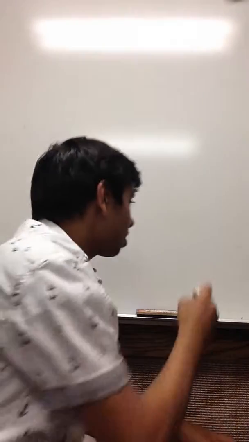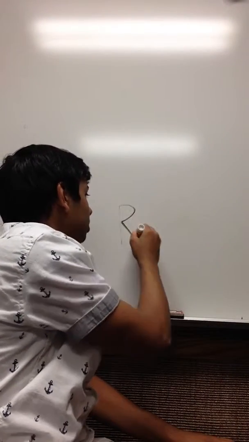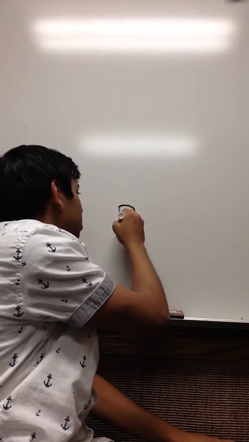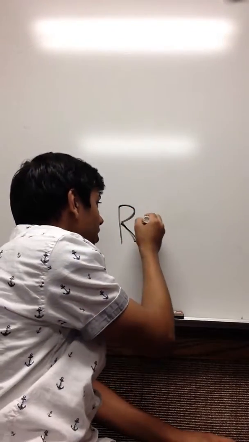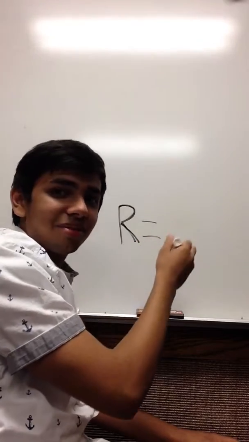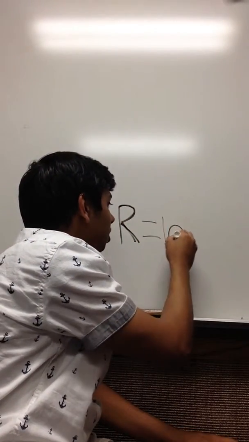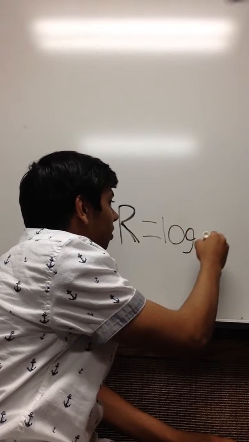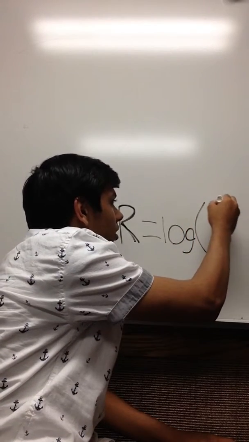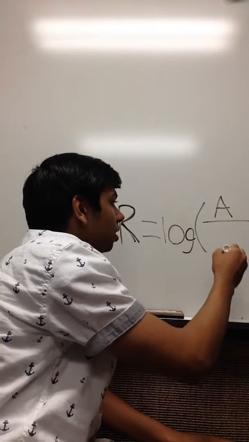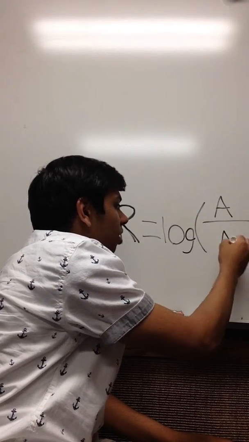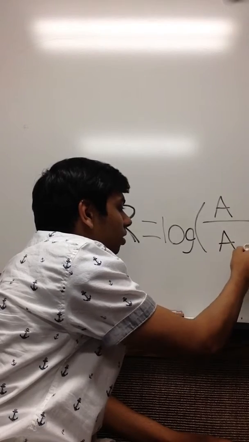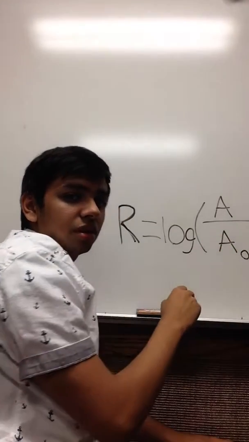Now that we know that the Richter scale is a logarithmic equation, we can talk about how logarithms are used in the Richter scale. So, R, which stands for the Richter ratio, equals log of the amplitude of the earthquake being measured divided by the lowest amplitude.